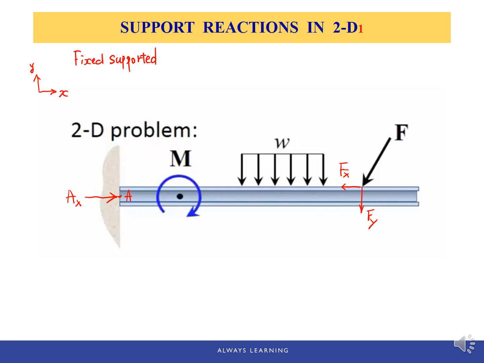In the same way, because of the vertical component of this force F, the Fy, as well as the distributed force, causing the member to go down, the wall must exert a vertical force up in order to prevent this downward motion. So that means there's another component applied on point A, Ay, pointing in the y direction.